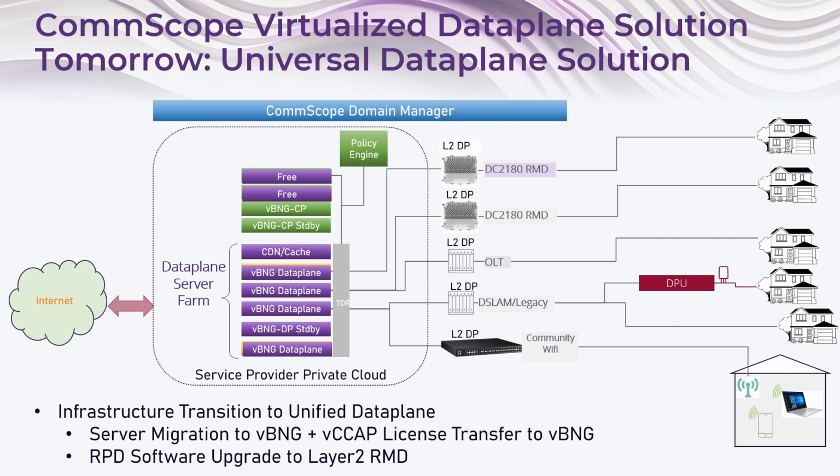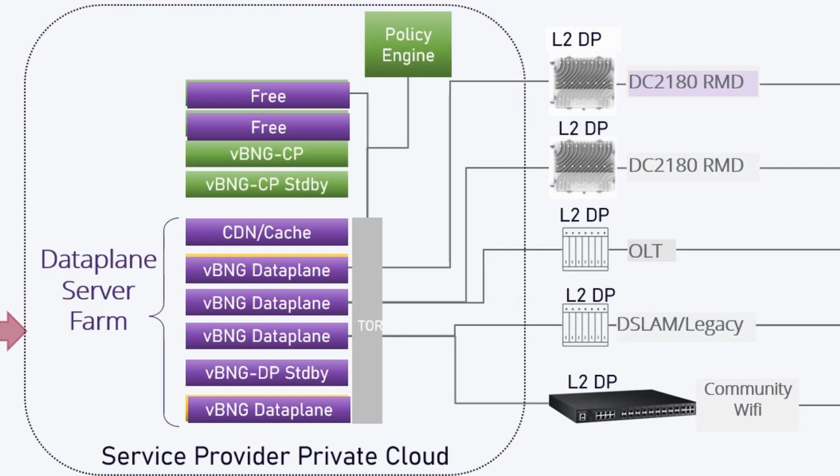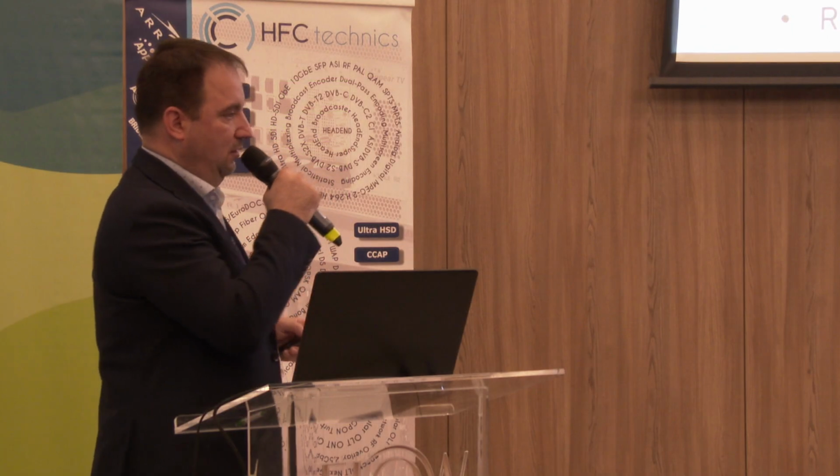We're looking at adding that feature for the end of next year, but it's not something that we've completely decided on. However, what we have completely decided on is that we will support this type of transition and migration. We will support operators who want to reuse their infrastructure that they've built on vCCAP, and if they want to transition that to vBNG, we will support that.